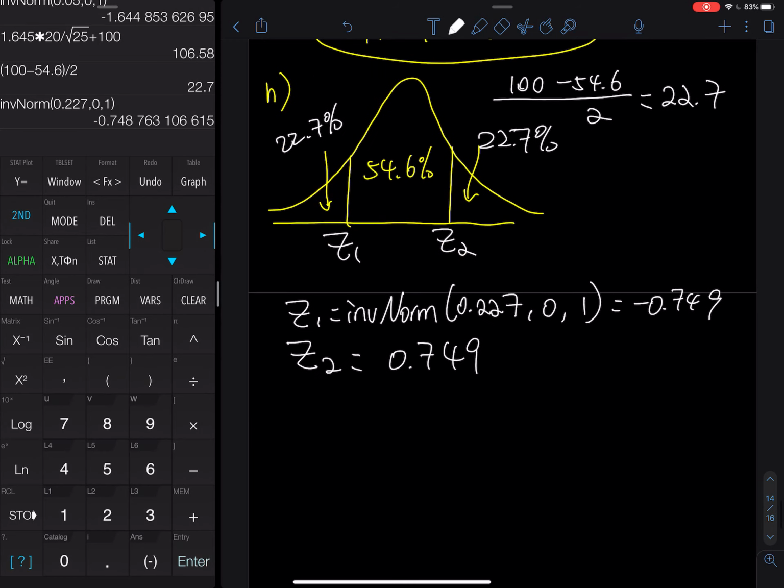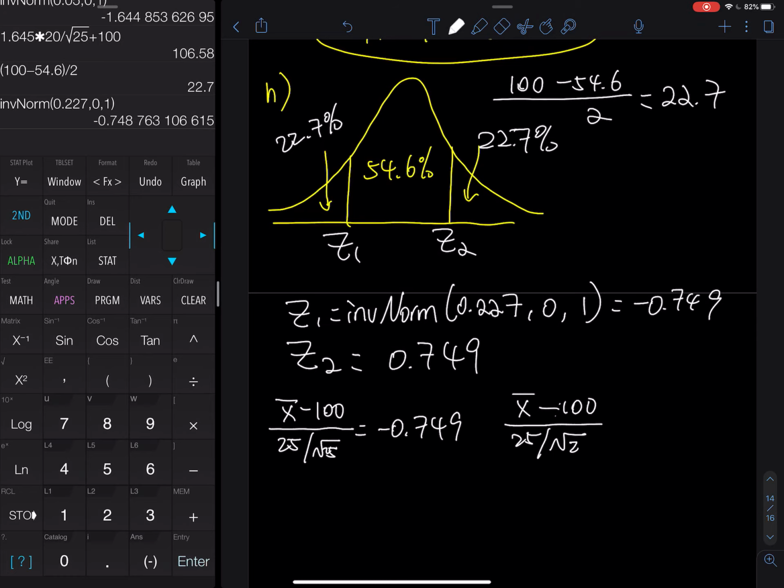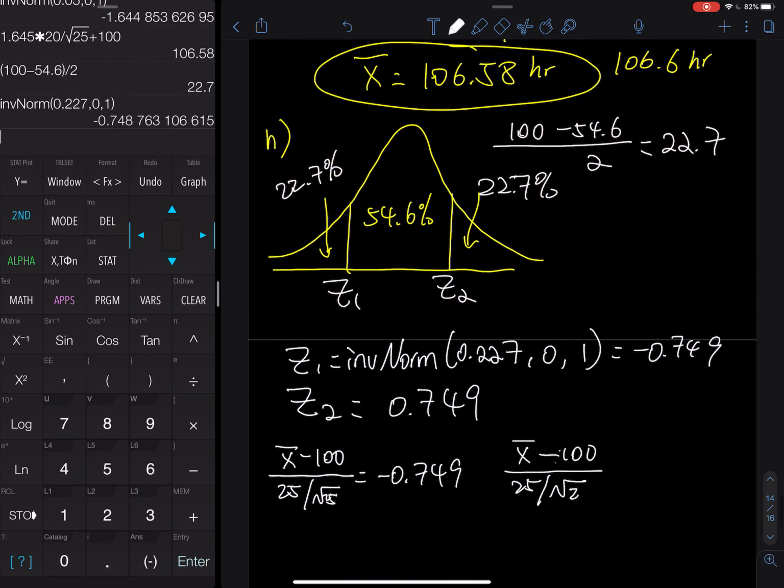So you have x bar minus the mean divided by sigma over square root of n. That is negative 0.749, and then do one for the positive, not plus, it is a minus, because that's how the formula works. And then 20 divided by square root of 25. Did I do this wrong? Oh, 20.